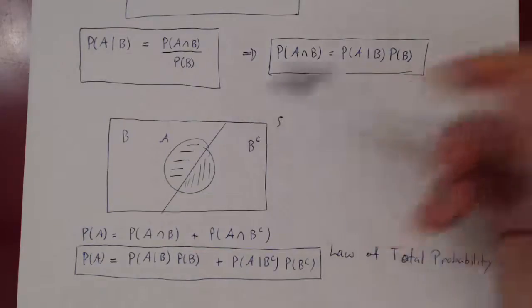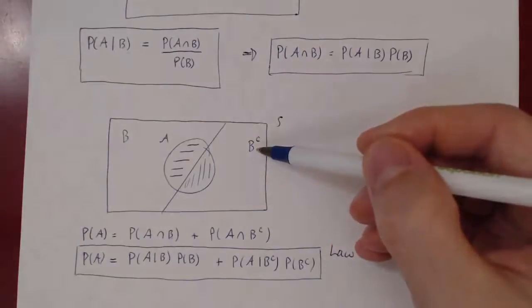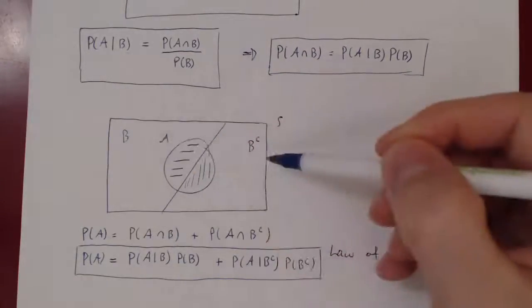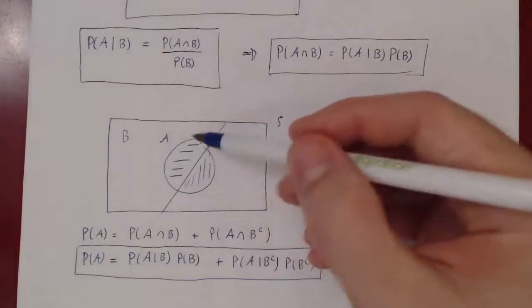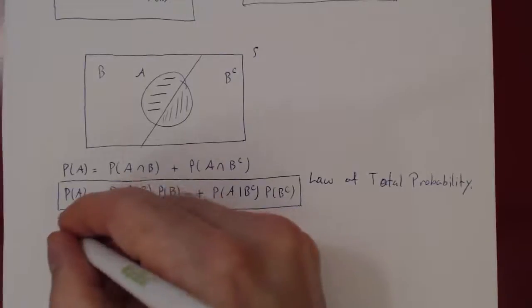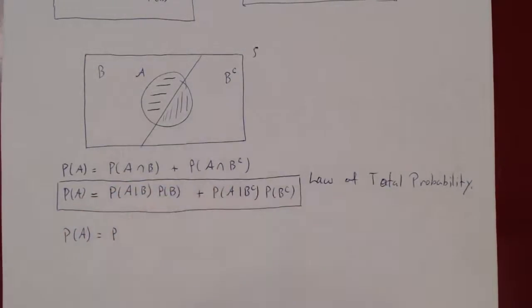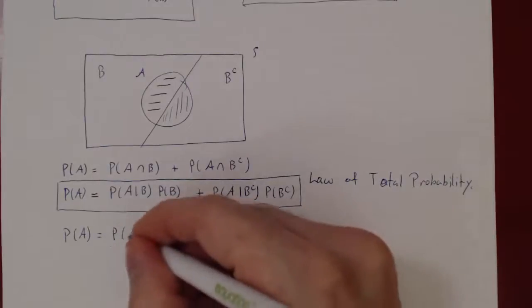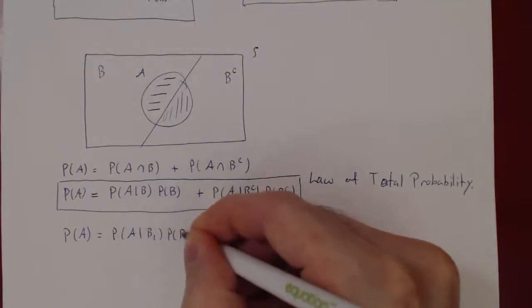You could split up your sample space into more than two parts. Suppose you split up your sample space into n parts. So you'd have B1 as your first part, B2, B3 up to Bn. So you can extend this result and say P of A would be, well, now condition on the first possibility, P of A given B1 times P of B1.